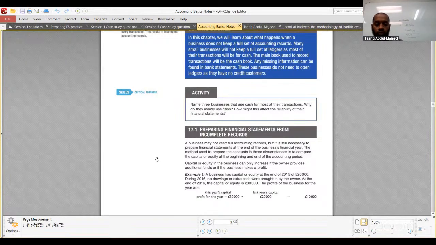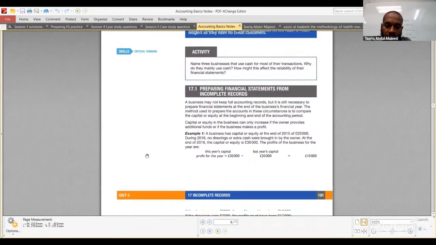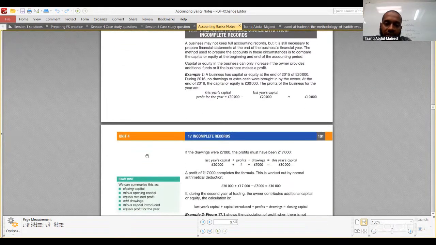As we said before, sometimes sole traders especially don't have all the information that is required to prepare the financial statements. There are sometimes things we can use to have an idea of how we can prepare the financial statements, even with missing information.